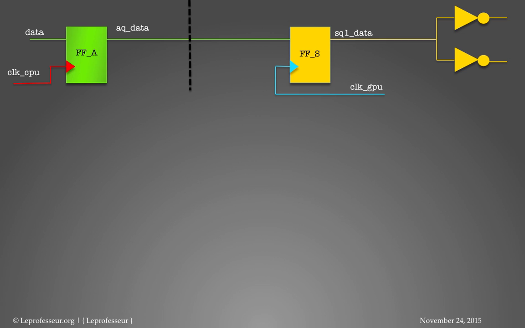But as our signals are crossing the clock domains, we need to be very careful to properly tackle the issue. So let's see what is going to happen if we don't take care and we just pass from flop to flop. This will act as a synchronizing flop in the receiving clock domain, but it's just one flop.